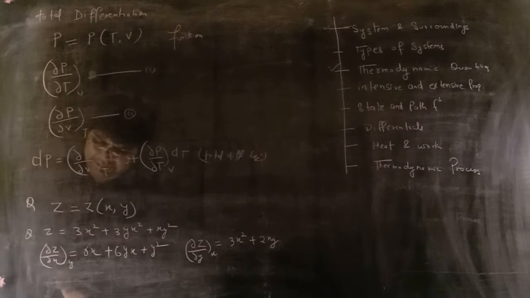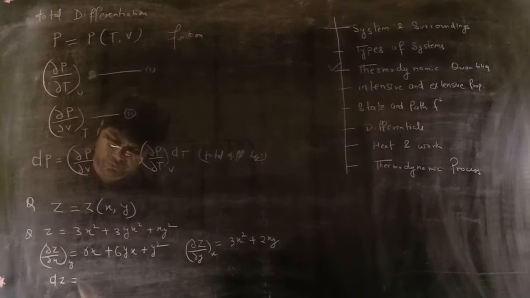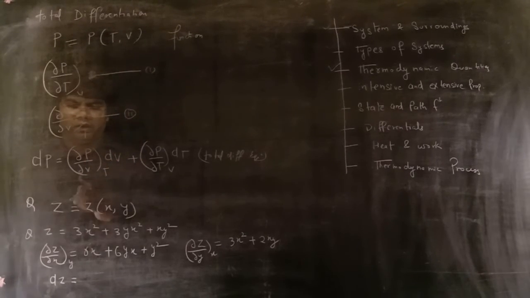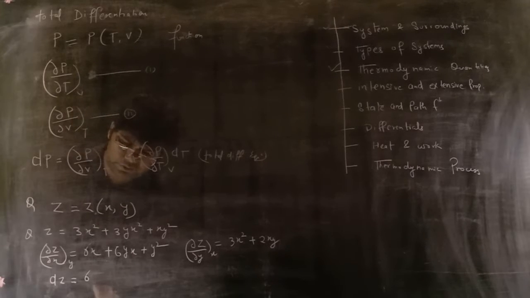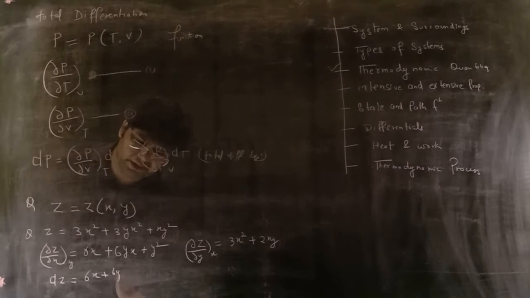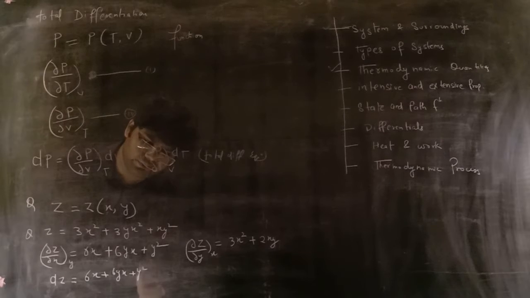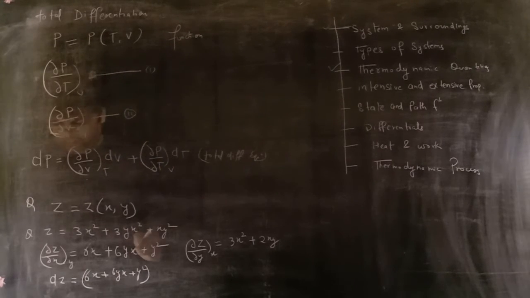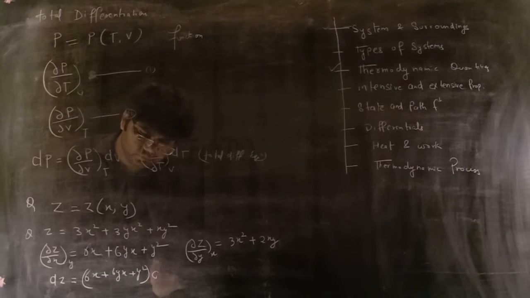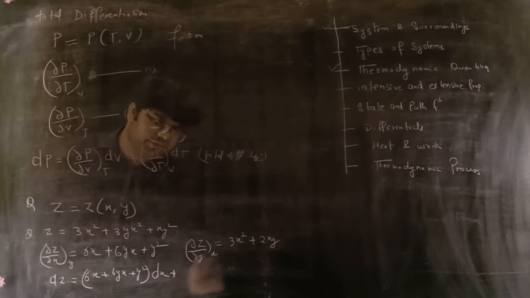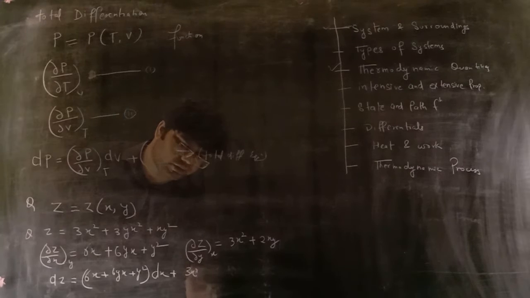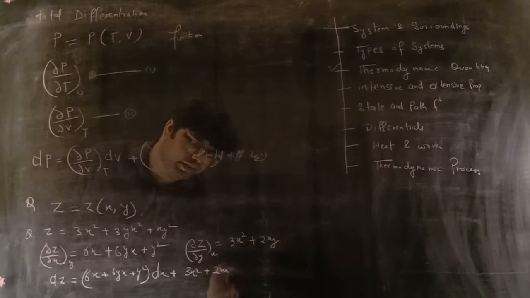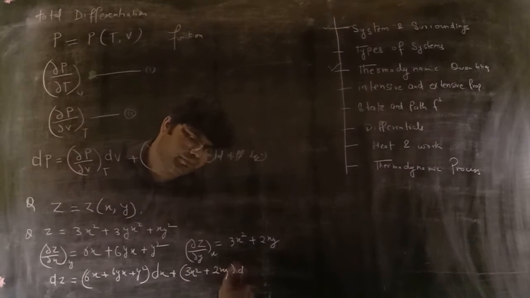You will write it like this: dz is equal to this value, 6x plus 6yx plus y square, and it will be dx, plus this value 3x square plus 2xy, dy.